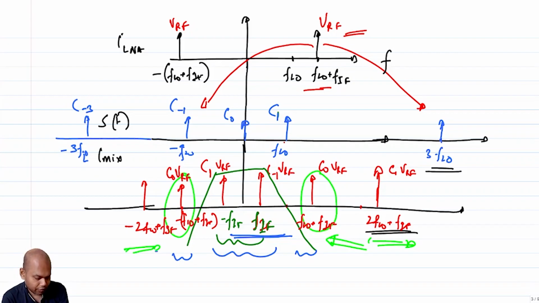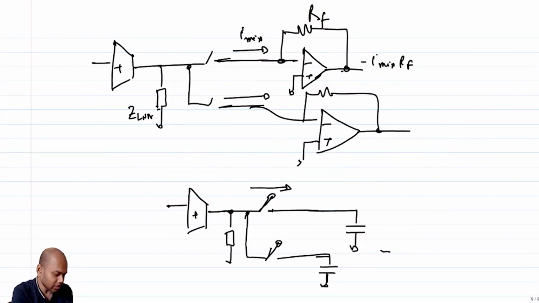It was supposed to have a frequency component of FLO plus FIF, but FLO plus FIF I am cancelling off because of my double balance thing. So then I would have components of 2FLO plus FIF, right?